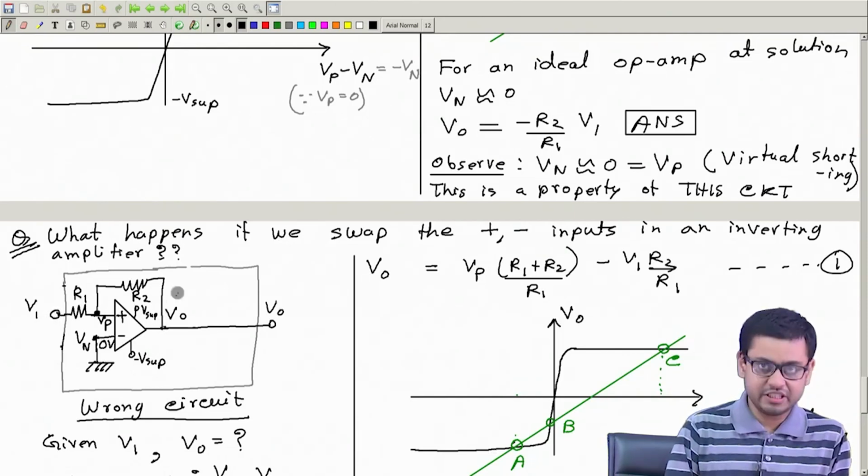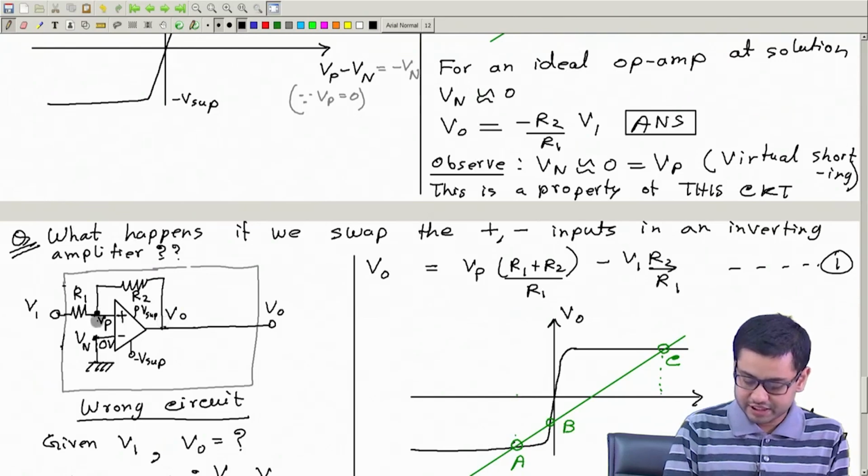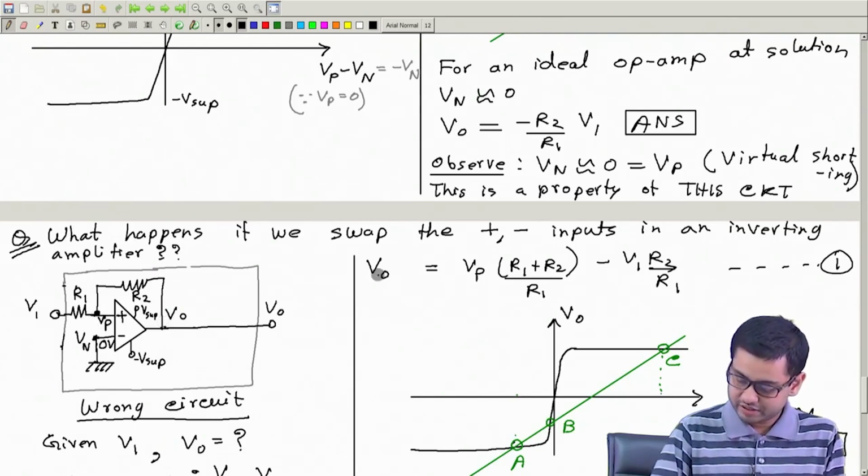Say if this increases slightly, then of course Vp is some sort of average of V1 and VO. So if VO increases, Vp will increase. Also here you can see if this increases, this is constant, then Vp will increase.